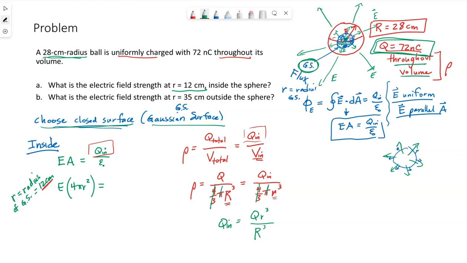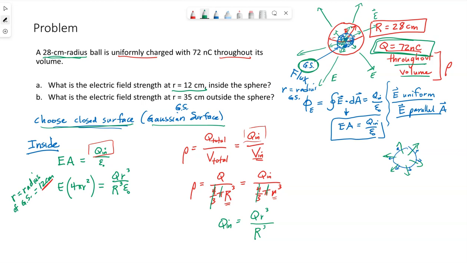This is what I will put, so coming back to Gauss's law, this is what I will put in for Qn. This represents how much charge is within this closed surface. So with this approach, we're always talking about a closed surface, which was that smaller sphere that I drew.